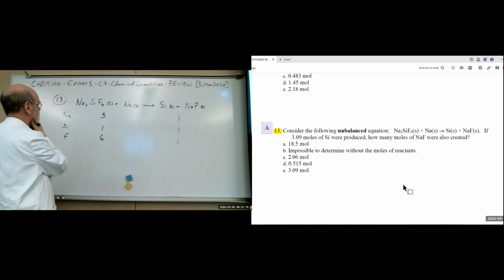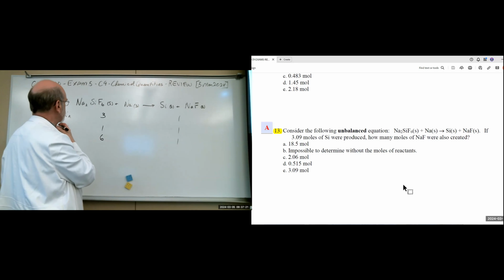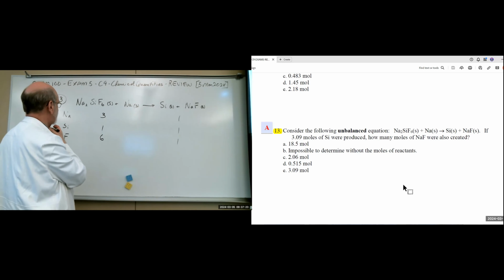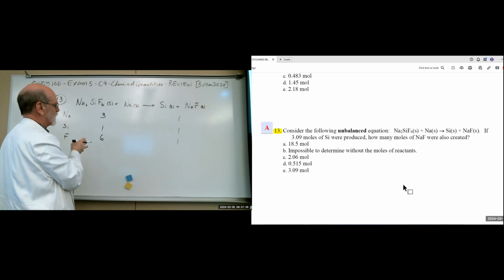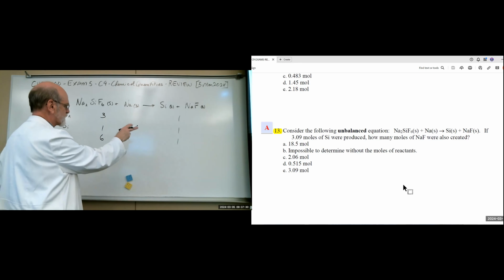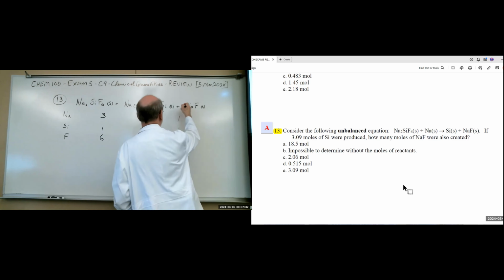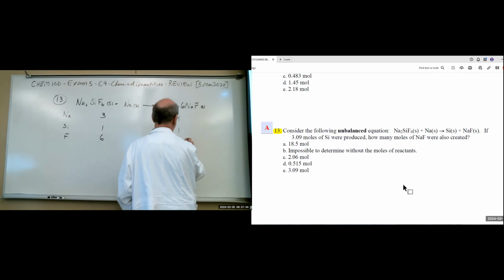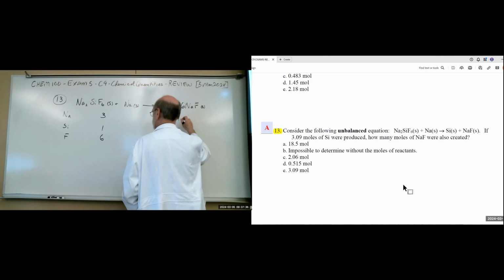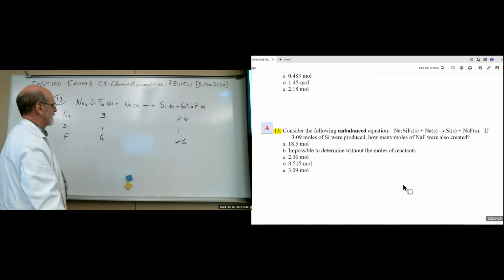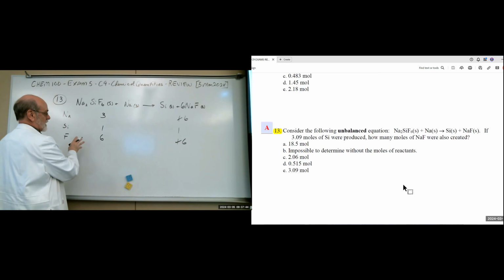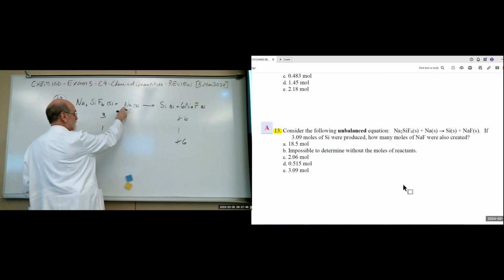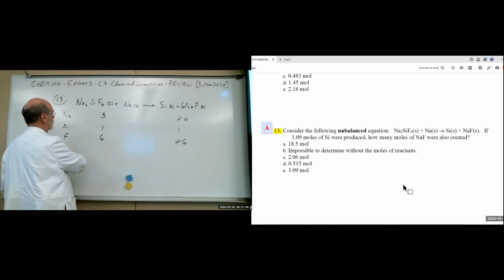All right. Let's start with fluorine. We need 6 fluorines on this side. That gives us 6 sodiums. Okay. And 1 silicon. So if we balance with this sodium, then we don't have to touch that one.